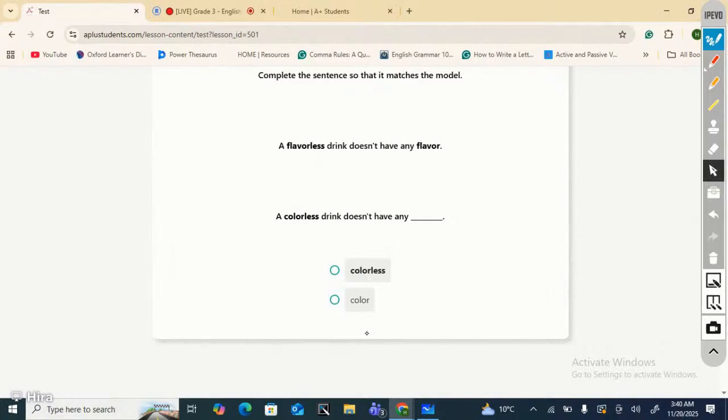A flavorless drink doesn't have any flavor. A colorless drink doesn't have any what?